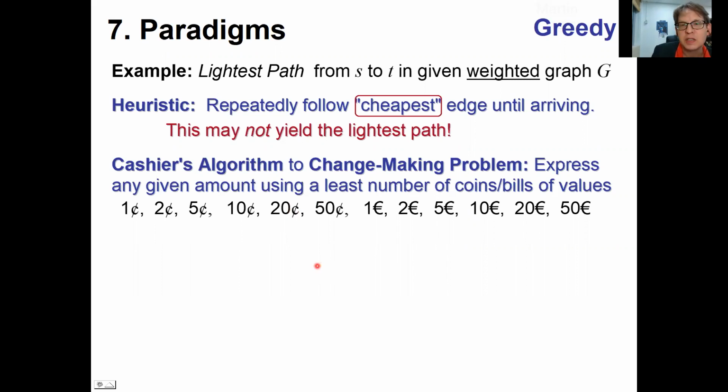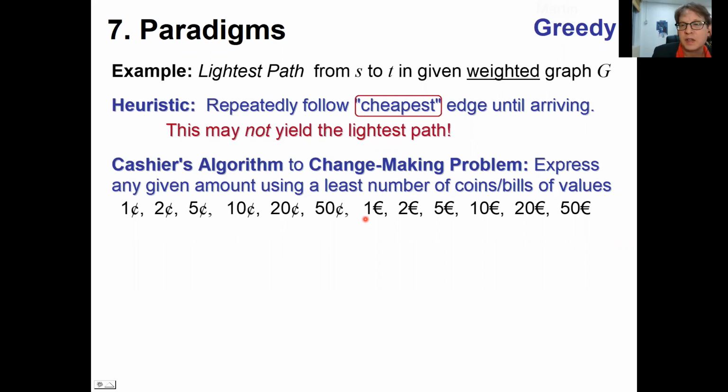So for example, you can make a value of €1 by using 20-cent coins 5 times. That means 5 units of a currency, but you can also make €1 by using one single coin of value €1, which is the preferable solution to the cashier problem.